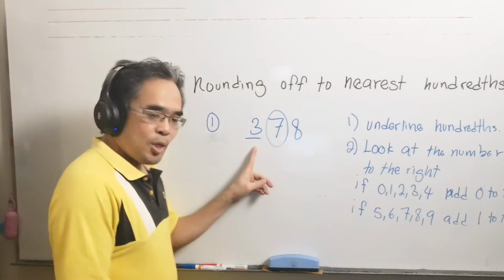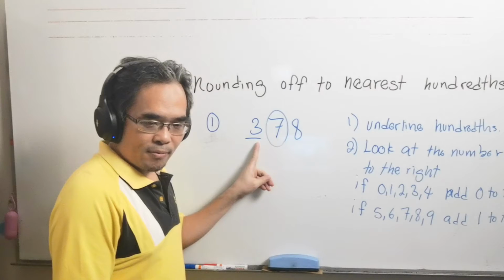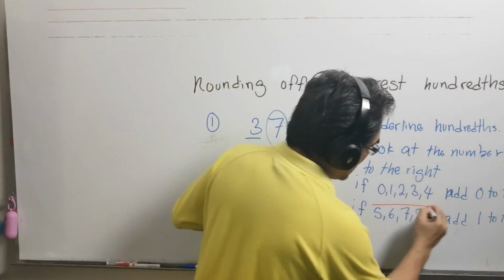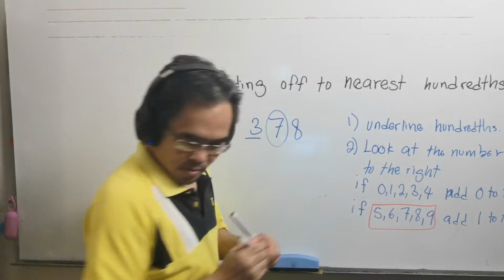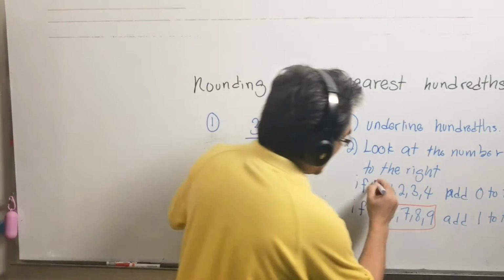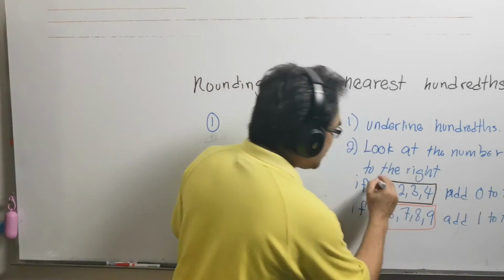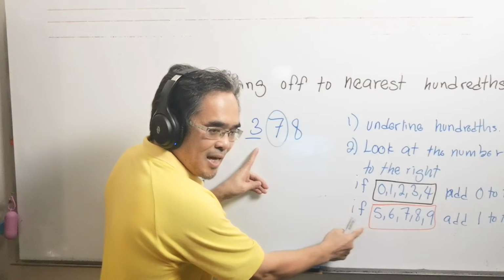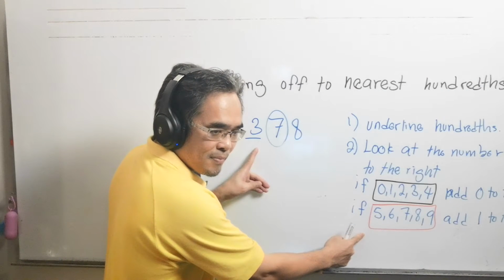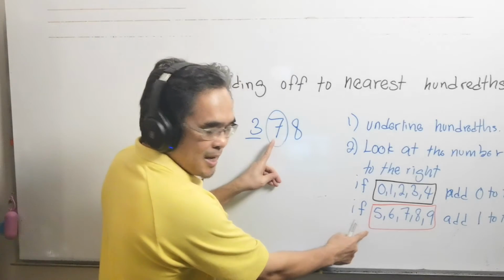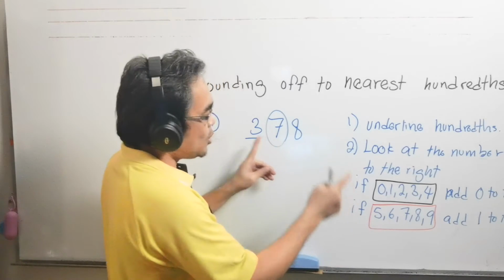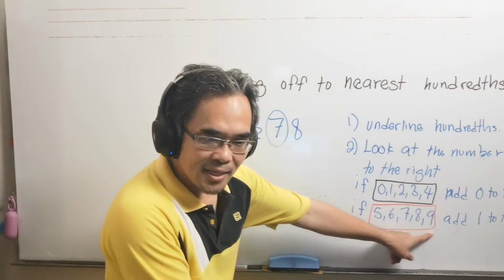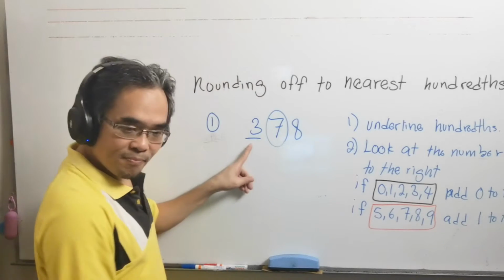So, do I add 1 to 3 or not? No, that is wrong. Because the number to the right is in the red one. Right? This number is in the red. So if it is 5, 6, 7, 8 or 9, you have to add 1.